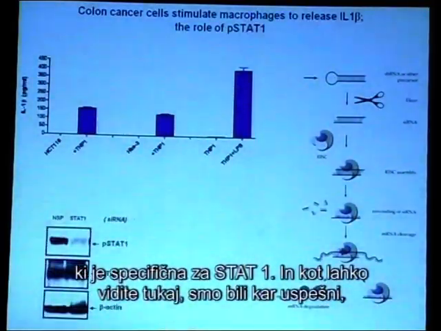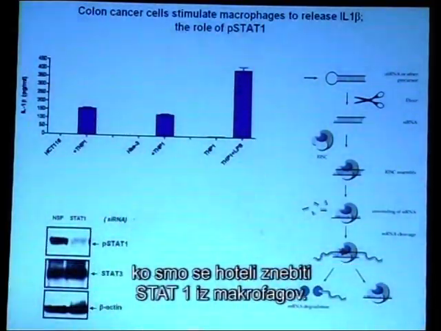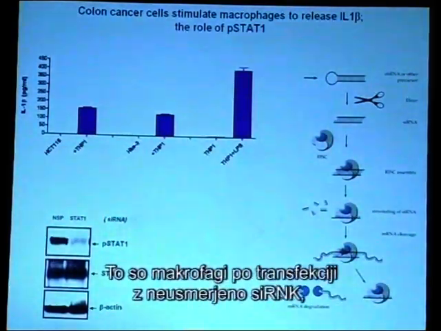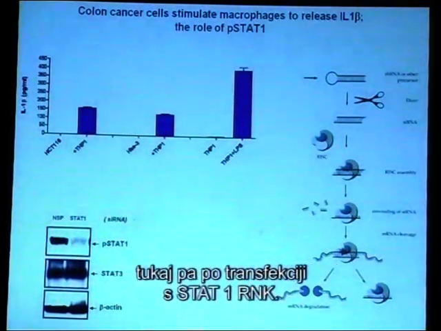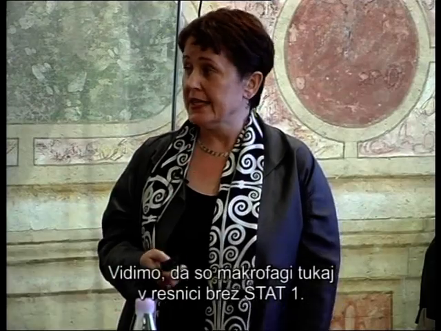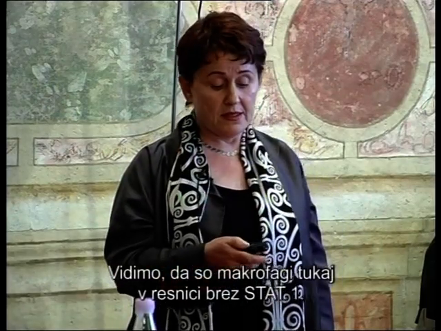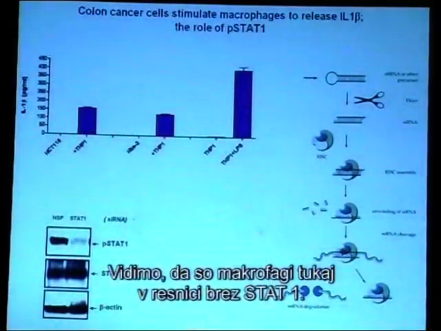As you can see here, we were quite successful in getting rid of STAT1 from macrophages. These are macrophages transfected with non-targeting siRNA, and these are macrophages transfected with STAT1 siRNA. You can see that these macrophages are devoid of STAT1.